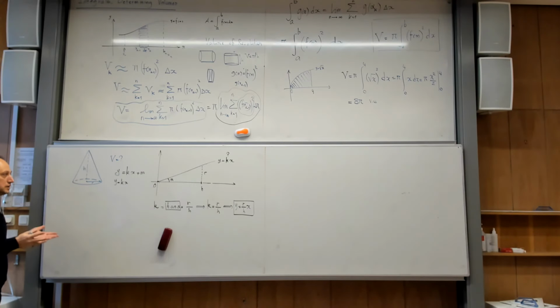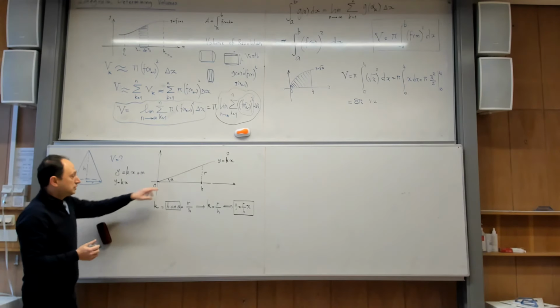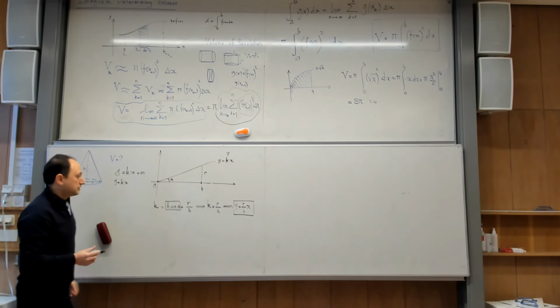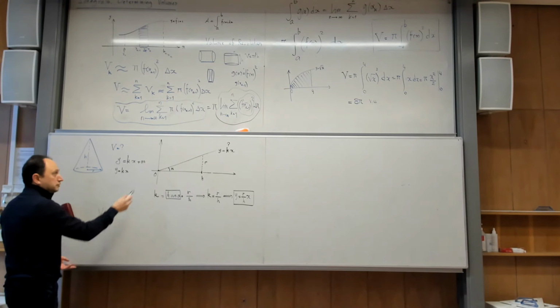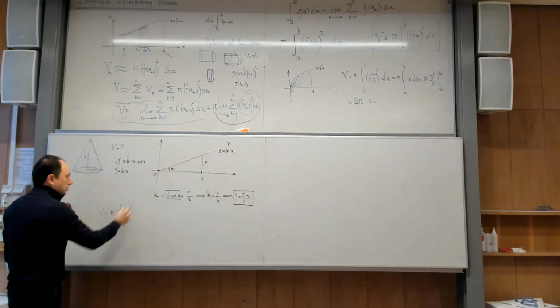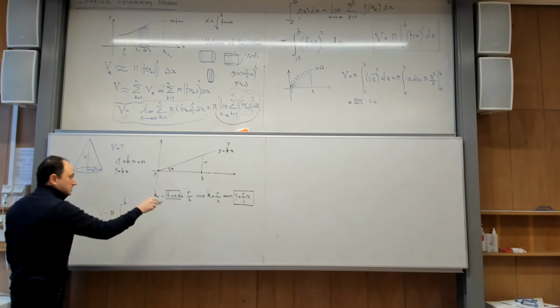Now that everything is ready, I can calculate the volume of revolution of this area. So what happens? The volume becomes pi, according to the formula, integral from 0 to h, but my function squared.